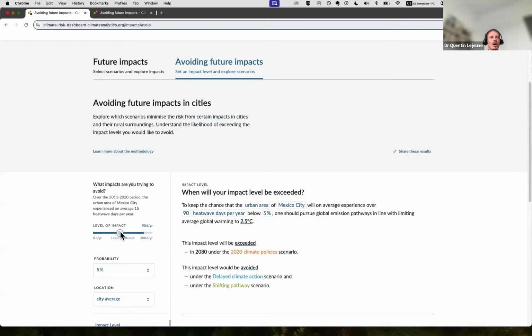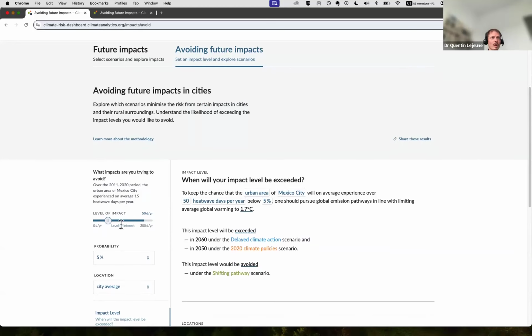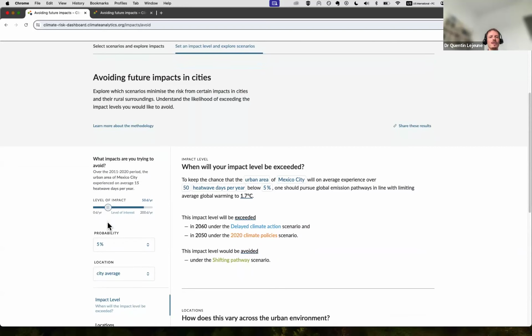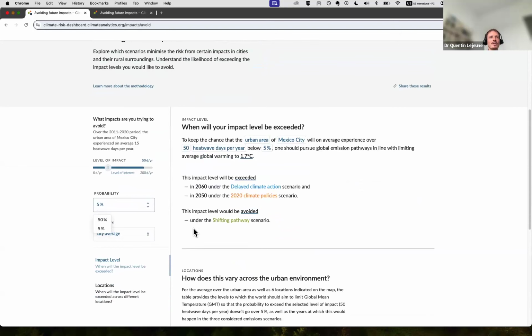And if you're interested in what needs to happen so that we don't get more than 50 days per year, let's move the slider to 50. And then we need to specify the maximum risk of crossing that level that we're willing to take, 50%, or rather a more cautious approach, and say, let's do what needs to happen so that this risk doesn't go above 5%. And you can read the answers here.